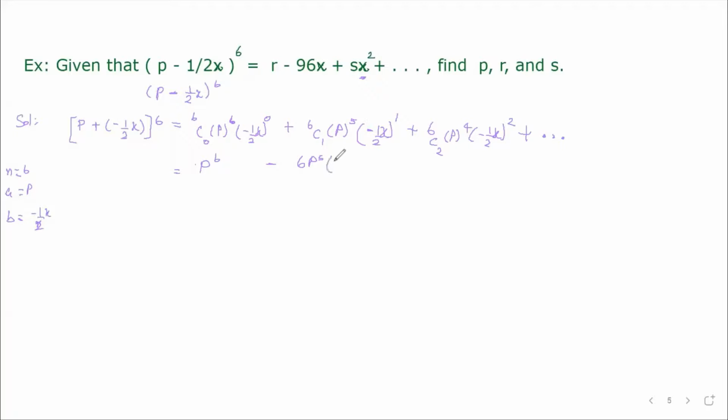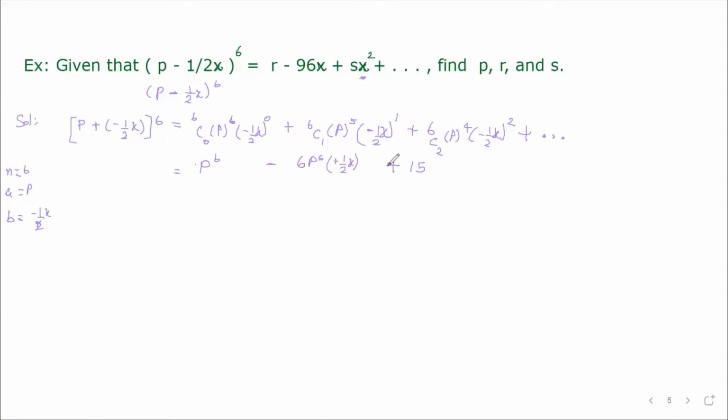Okay, we write down one by one, step by step. So minus 1 over 2x. But actually we can cancel right away, right? We already took out the minus, so this one should be plus here. 6C2 is 15. So we have here 15, but this is an even power, so it becomes plus.